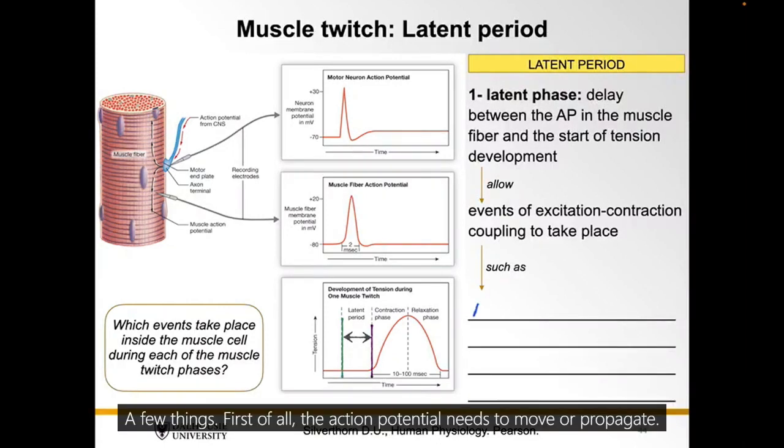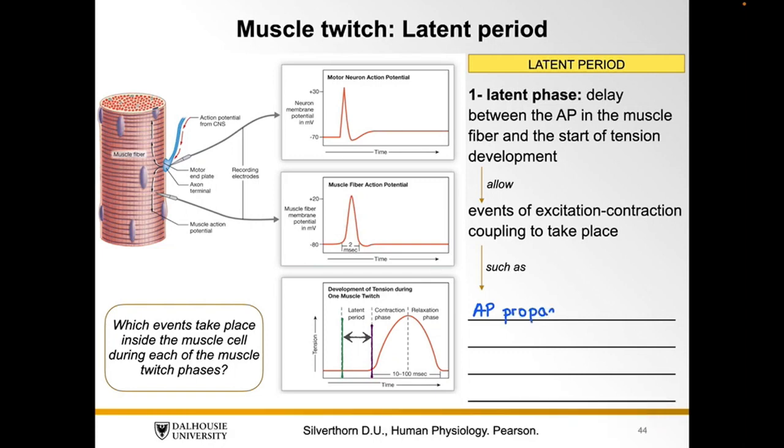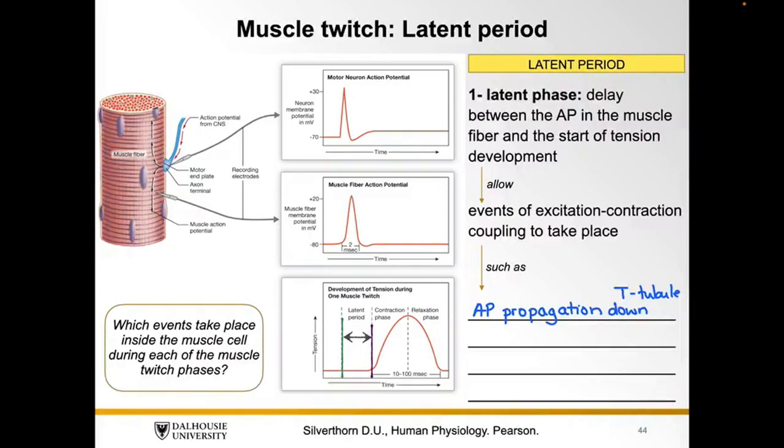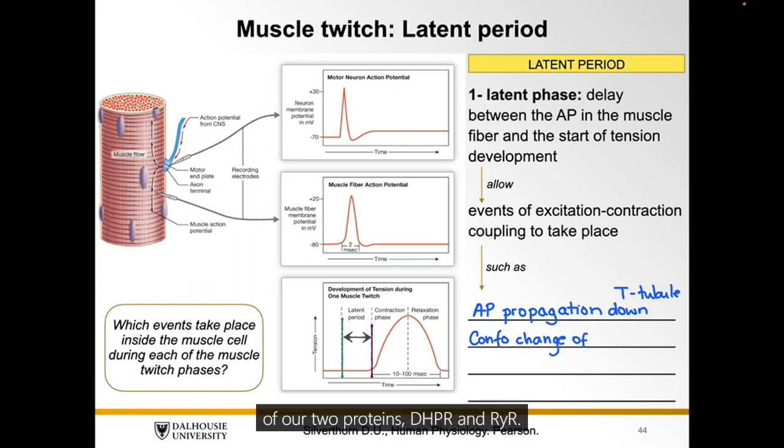A few things. First of all, the action potential needs to move or propagate down the T tubules. Then we've talked about the conformational change of the DHPR and the RYR. So conformational change of our two proteins, DHPR and RYR.